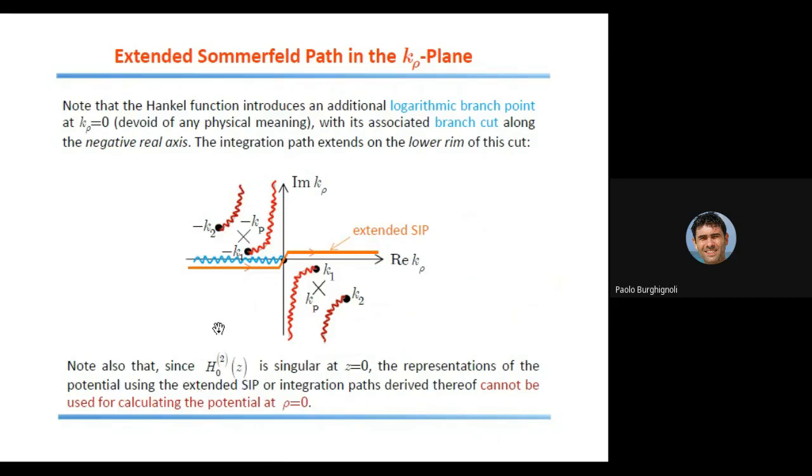So this alternative representation holds everywhere with the exception of when rho is equal to 0. But usually this is not a problem, because what we are interested in is typically values of rho which are large, typically large in terms of the wavelength.